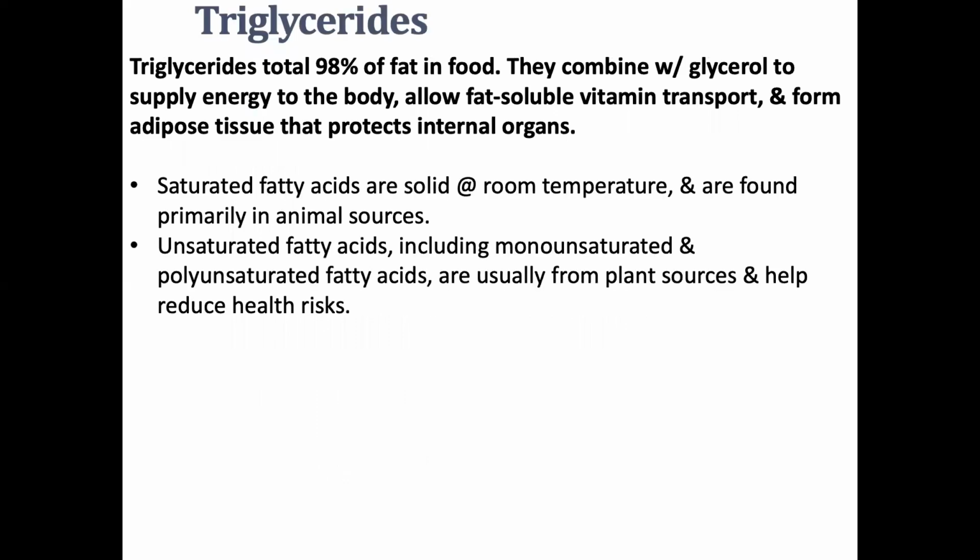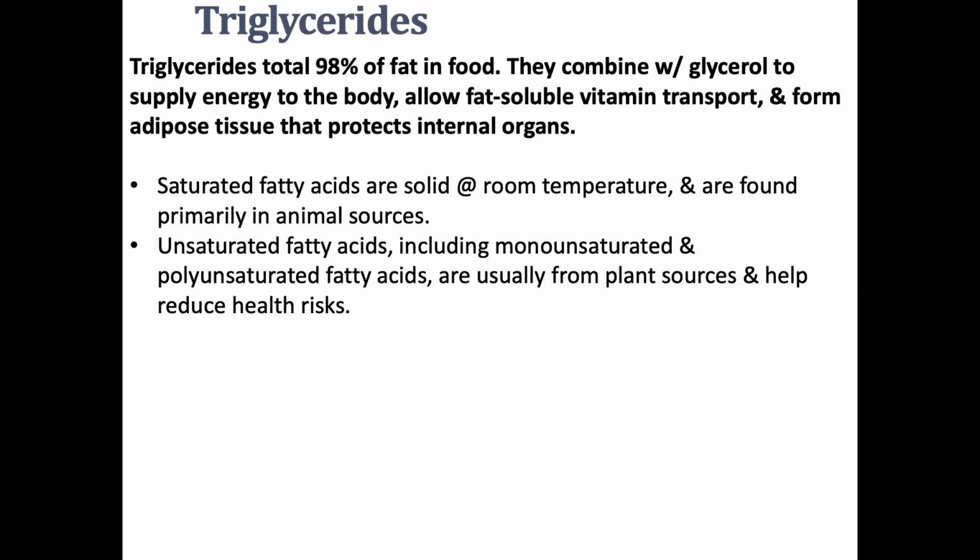Triglycerides are a total of 98% of the fat in food. They combine with glycerol to supply energy for the body, allow for fat-soluble vitamin transport, and form adipose tissue that protects your internal organs.